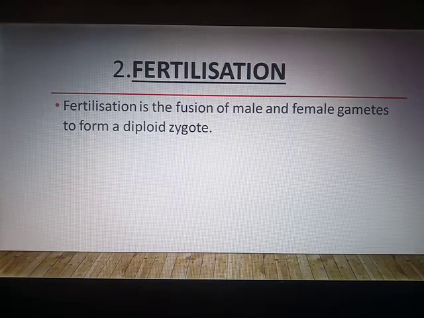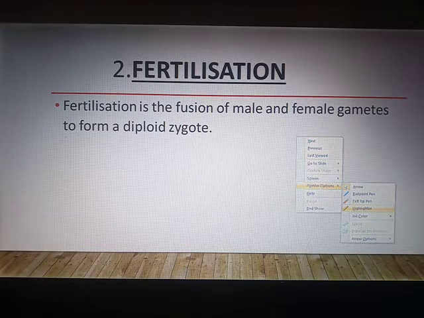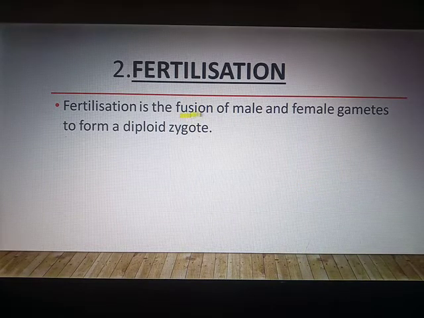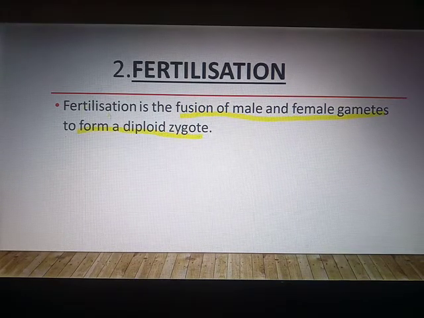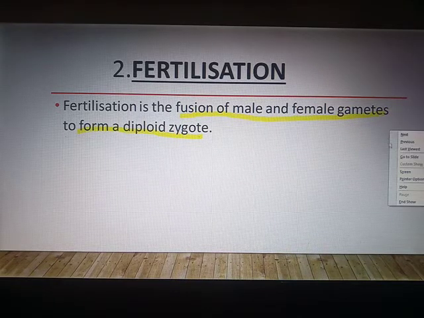Students, fertilization is the process of fusion of male and female gametes to form a diploid zygote. It means fertilization is the process in which male and female gametes come together and fuse with each other to form a diploid zygote.